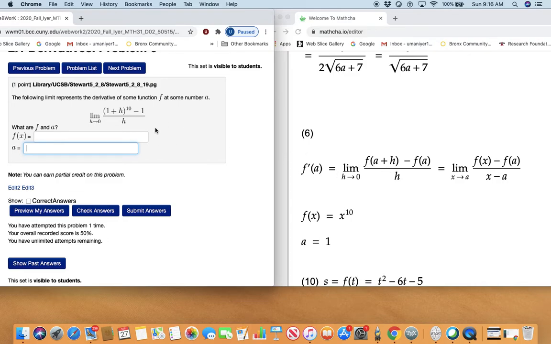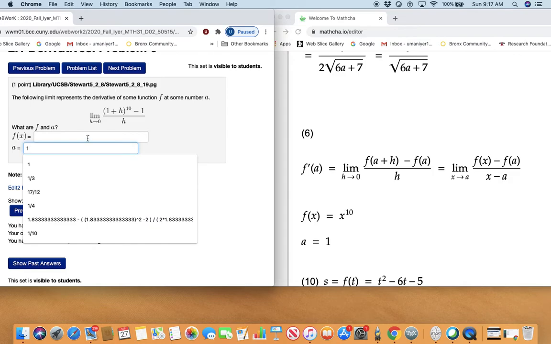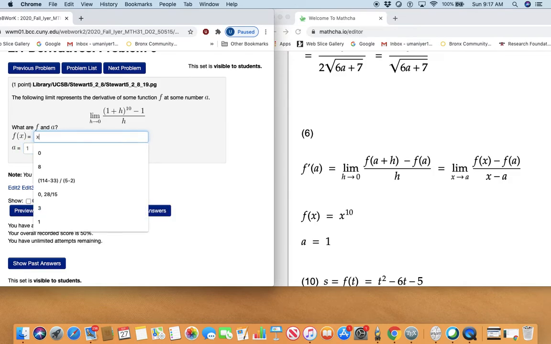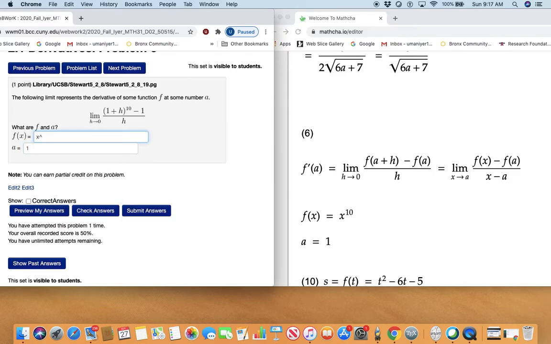For a plus h, I have (a plus h) to the power 10. So a is 1 and f of x is (x) to the power 10. Don't forget the parentheses, otherwise it only takes exponent 1.